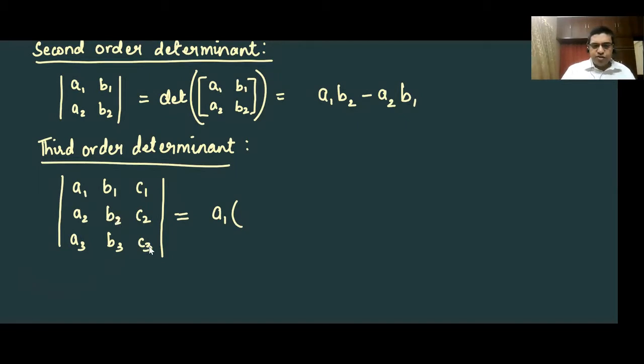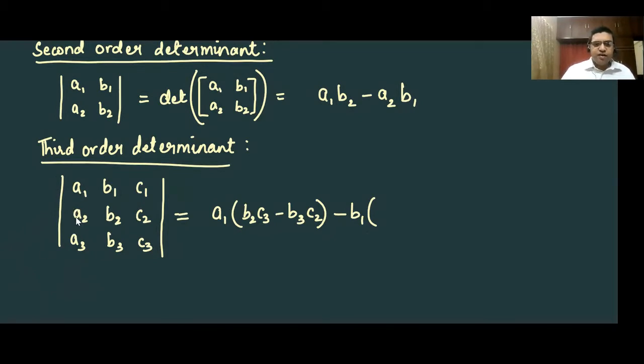So you get b2 c3 minus b3 c2, with the next sign a negative sign. Then the next element is b1 multiplied by, eliminate the row and the column containing b1.